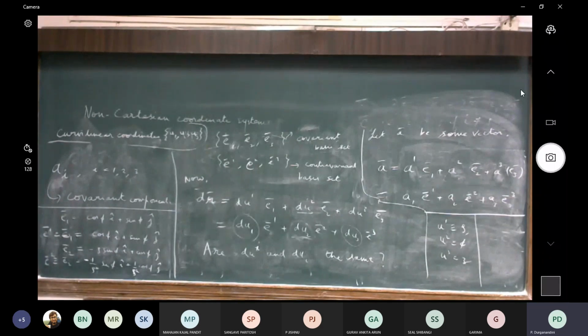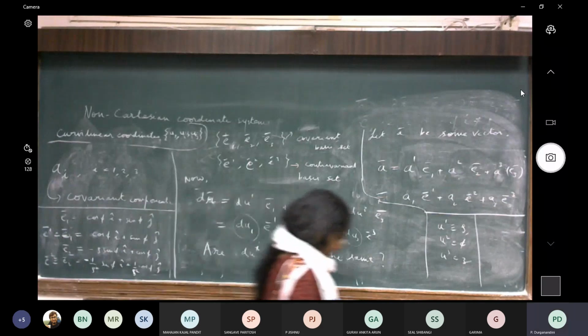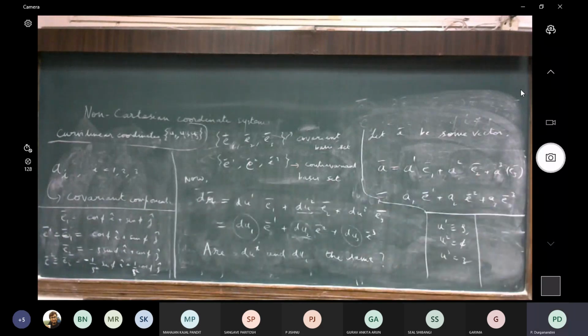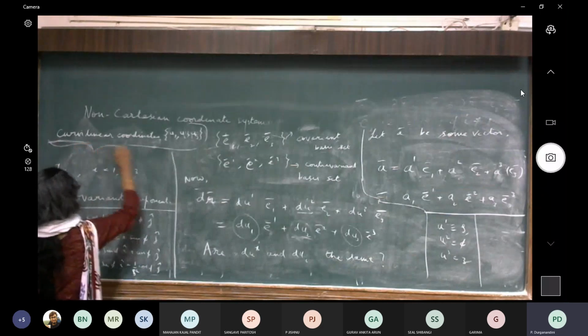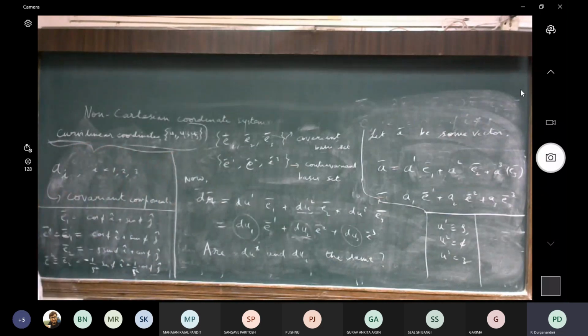But more importantly, and this is where the whole beauty of tensor analysis comes in, you are forced into curvilinear coordinate systems, for example, when you talk of general relativity. If I want to take gravity or relativistic effects into account, then my coordinate systems are really not flat space, and you need to take curvature into account.